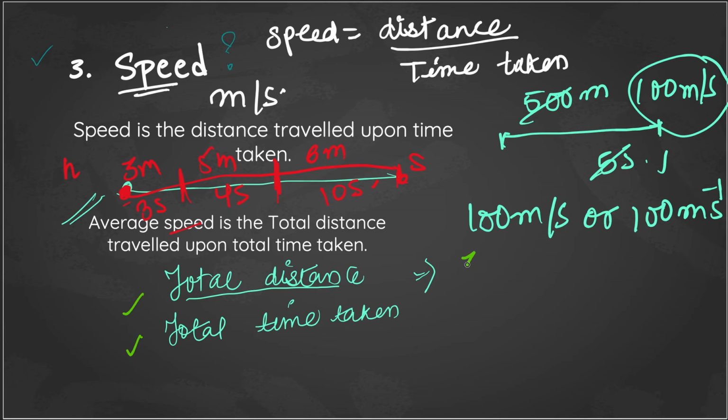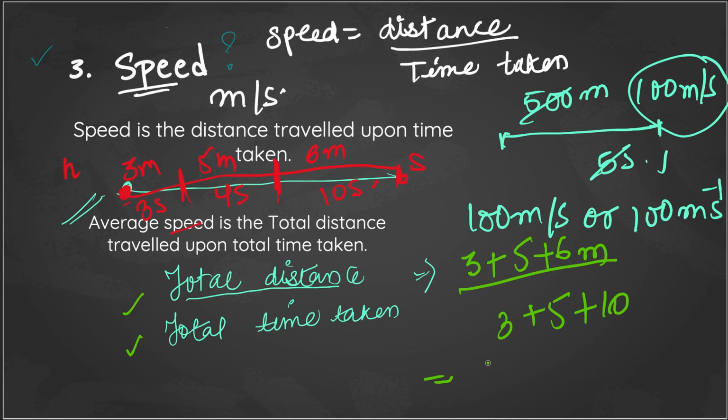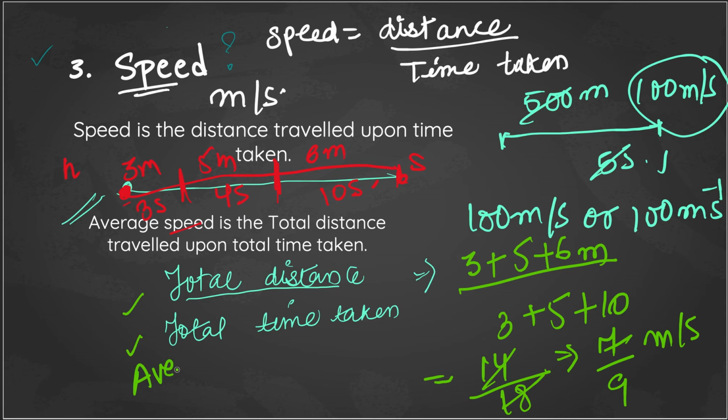The total distance comes out to be 3 plus 5 plus 6 meters upon 3 plus 4 plus 10 seconds, which is 14 upon 17... 6 plus 5 is 11, 11 plus 3 is 14, 14 upon 5 plus 3 is 8, 8 plus 10 is 18, 18, it could be further simplified, which is 7 upon 9 meter per second. This is my average speed.